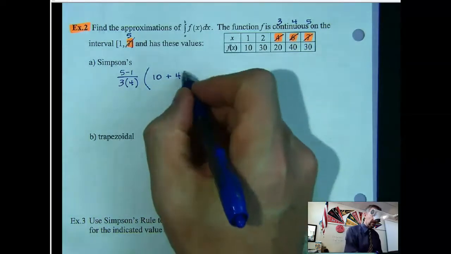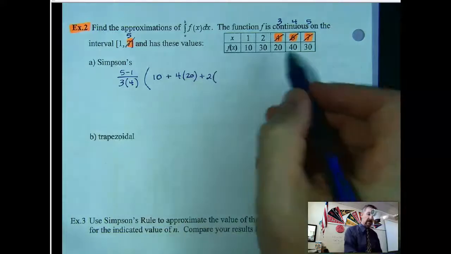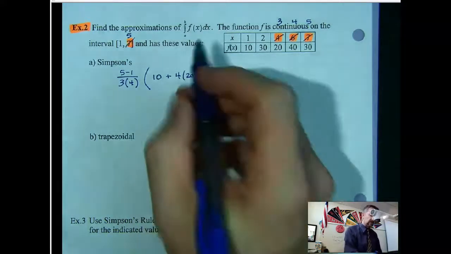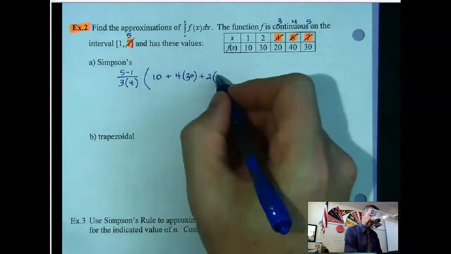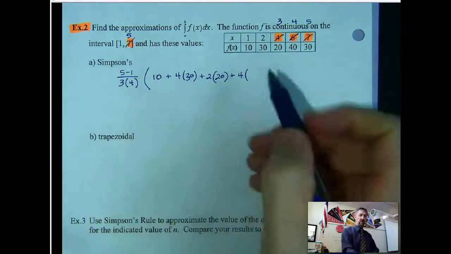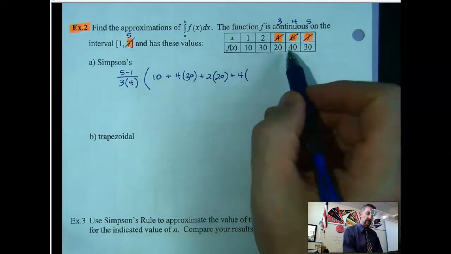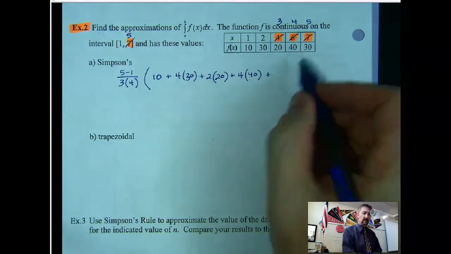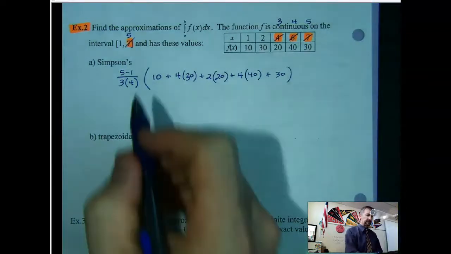So that's just going to be 4 times 20, and then it goes down to 2, and that should be 30. And then it goes to 20. And then it goes back up to 4. It alternates 4, 2, 4. And then that's going to be 40. And then the last term is just the value.